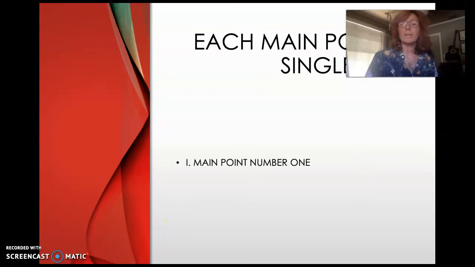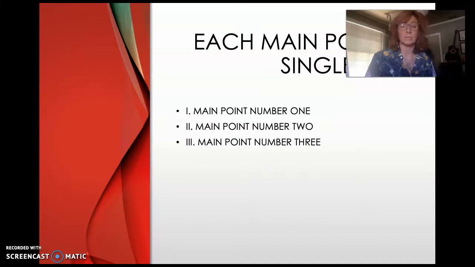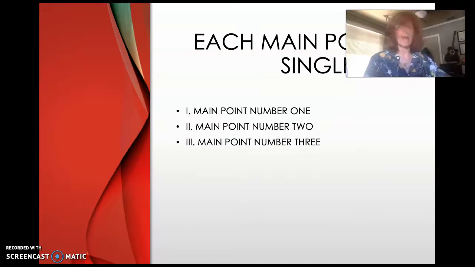Each single point should be treated as a single idea. It should be able to stand alone. Let's go back to my wolves. The way I give the talk in Yosemite, I talk about the history of wolves in the United States, so history means the background.